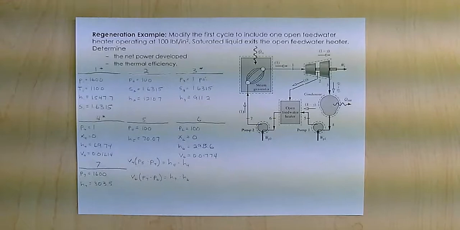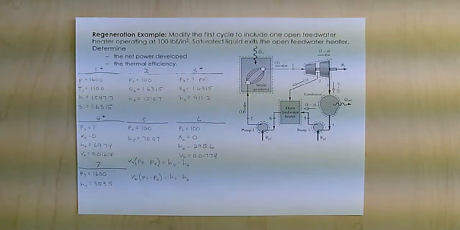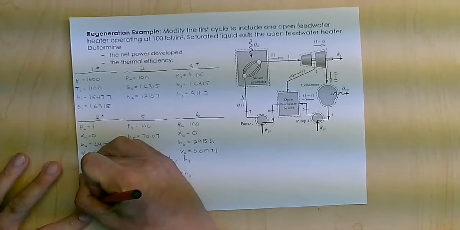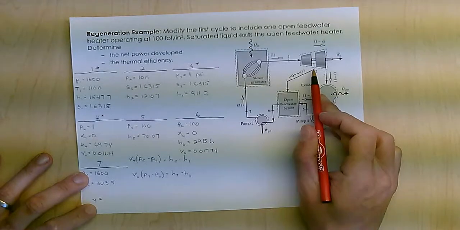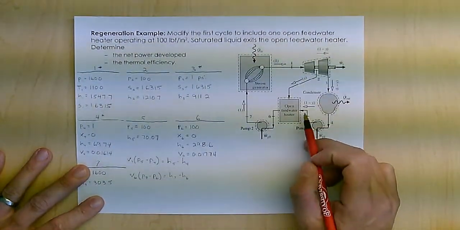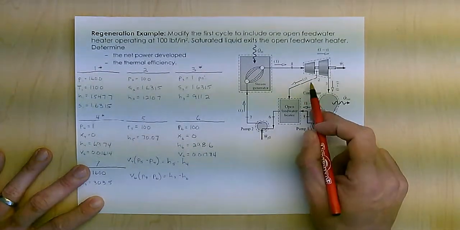So the next thing I need to do is figure out what's going on with that mass flow, right? Find the percentage that is pulled off at state 2. The equation for that uses the fact that 2 and 5 are coming in, one at y, one at 1 minus y as a percentage.